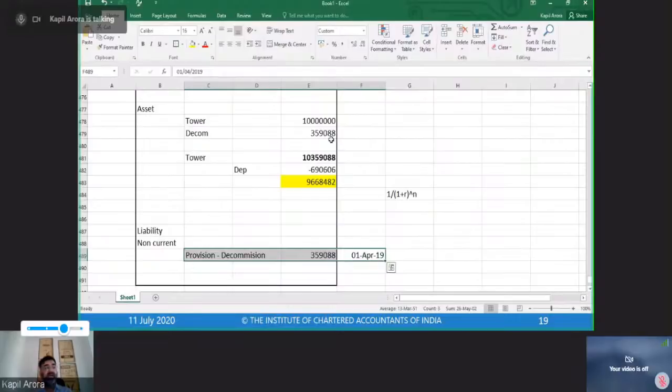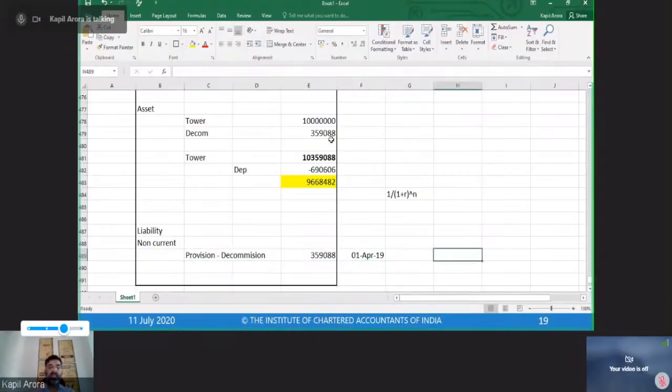Right? Are we required to pay only 3,59,088? No. We are required to pay 15 lakh. It means there is a difference in 3,59,000 and 15 lakh. There is a difference.